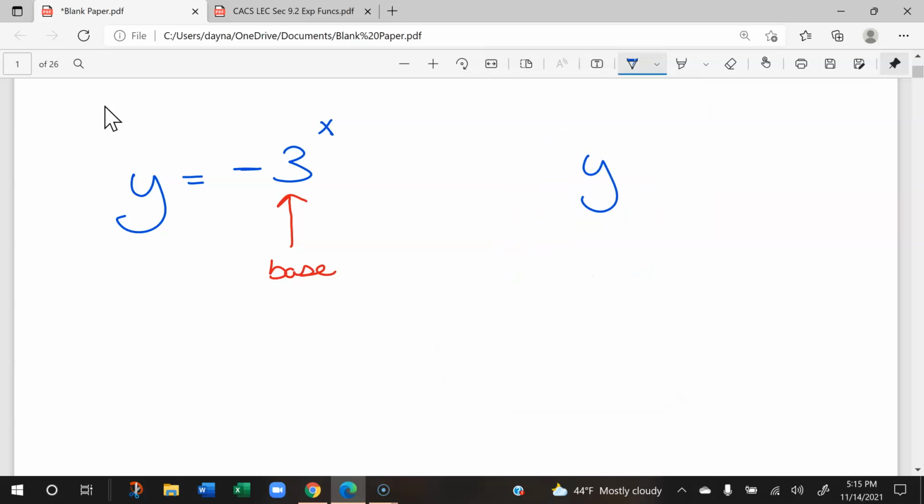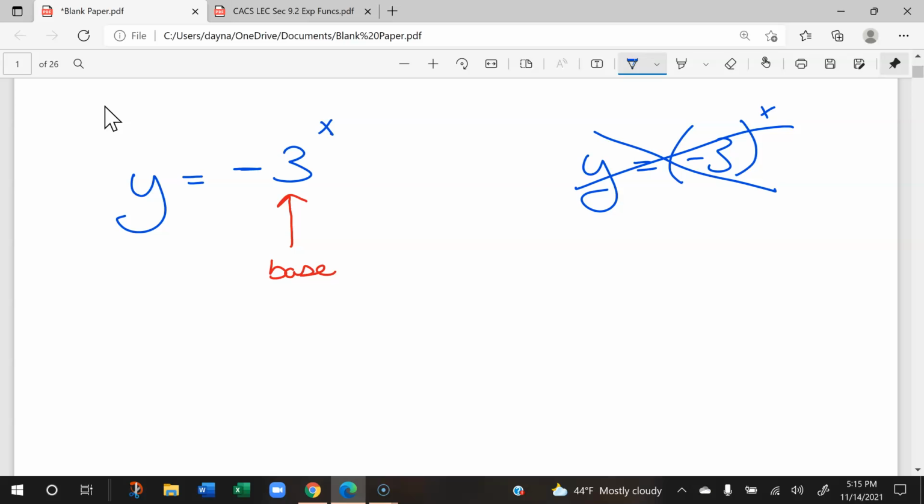Whereas here, I would be looking at the entire negative 3 raised to a power. I can't have this for multiple reasons, because I could end up with multiple numbers. We're talking about functions, and they have to be one-to-one. In this case, we may not have a one-to-one function. So this is not possible. This is.